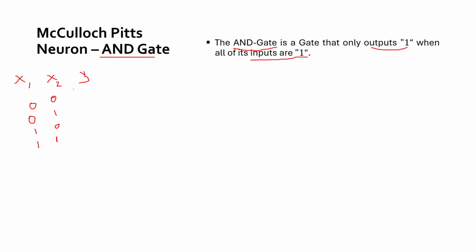The AND gate gives output 0 when both inputs x1 and x2 are 0, and it also gives 0 when only one input is 0. But when both inputs, x1 and x2, are 1, you get the output 1 in the case of the AND gate. So this is the truth table of the AND gate.